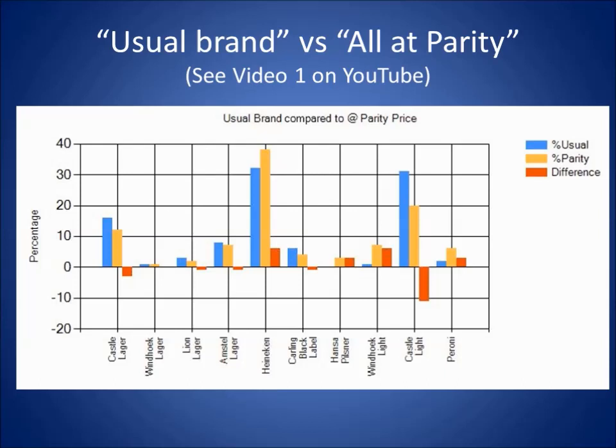This small sample was biased towards Castle Light and Heineken, and when sold at parity, i.e. the same price as all the others, Castle Light actually gets a lower result than the usual brand question. Heineken gets a higher result. These are obviously two very different questions and have a big effect on your data analysis.